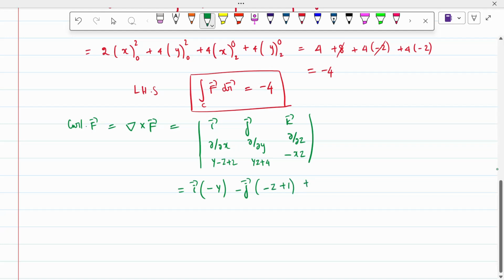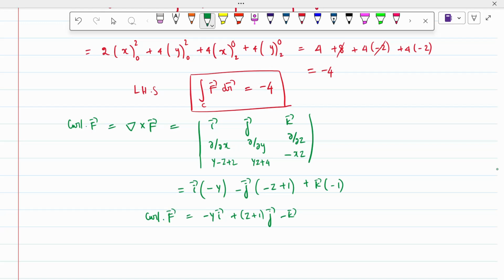Plus k vector, when I do it, I'll be getting minus 1. So my answer will be minus y i vector plus (z plus 1) j vector minus k vector. It is my curl of F vector. Okay, curl of F vector is completed.